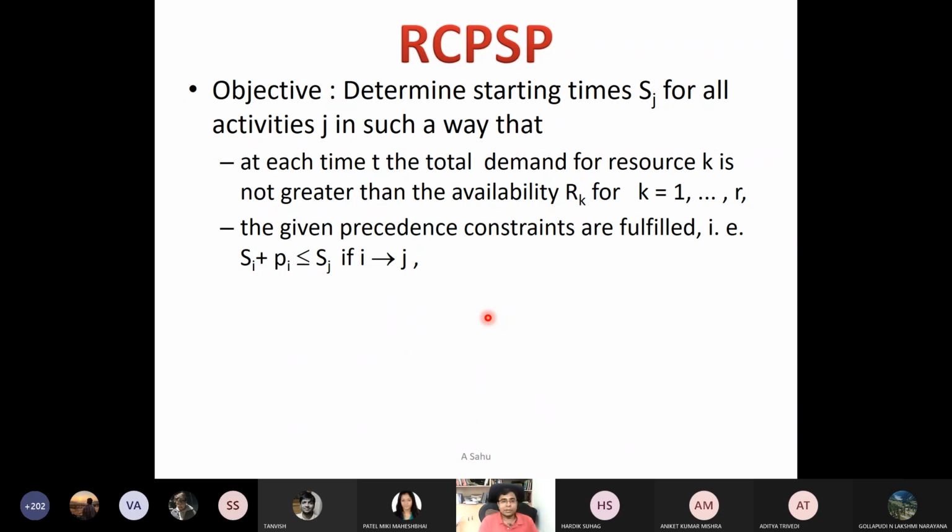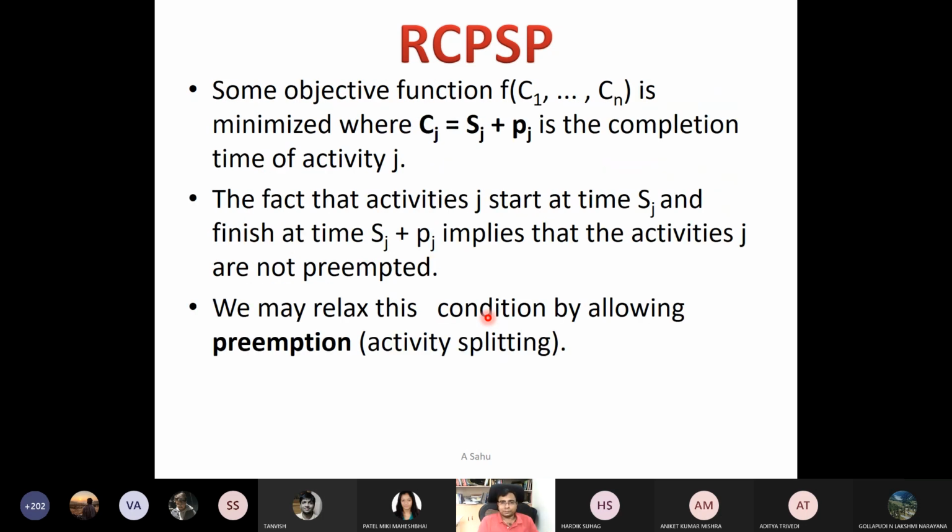But on top of that, there may be many solutions, and some objective function is minimized. Suppose a function f(c1 to cn) is minimized, where cj is sj plus pj. So cj is the completion time.